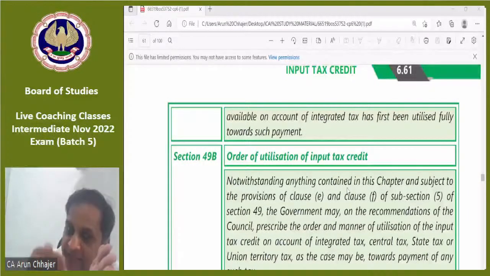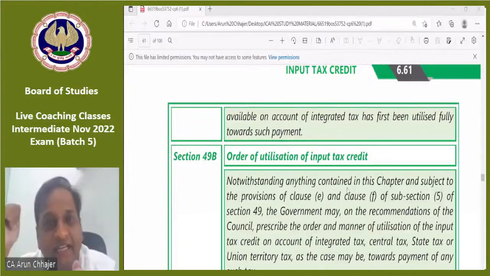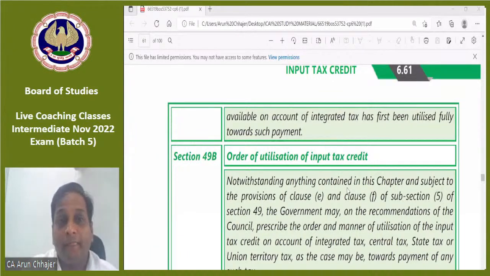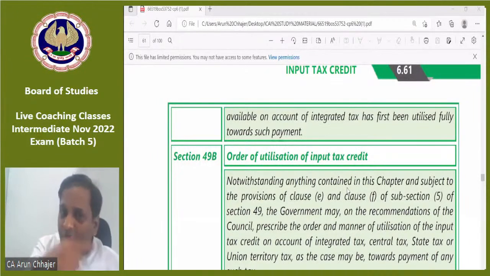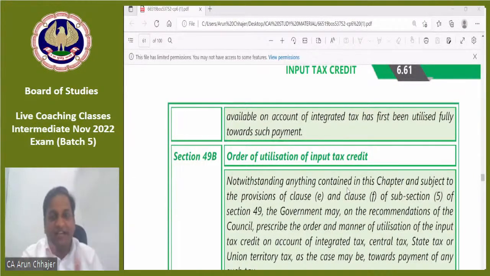Here you will find ITC will be given to CGST tax liability first and remaining, if any, will be given to I. But in the first part, we have discussed IGST ITC will be given to C and S, any order, any manner. Now the situation is, try to understand.